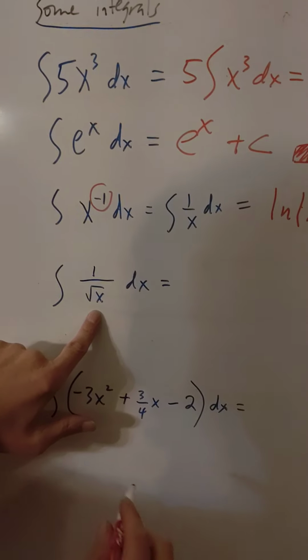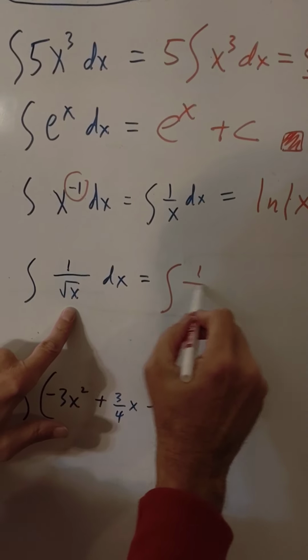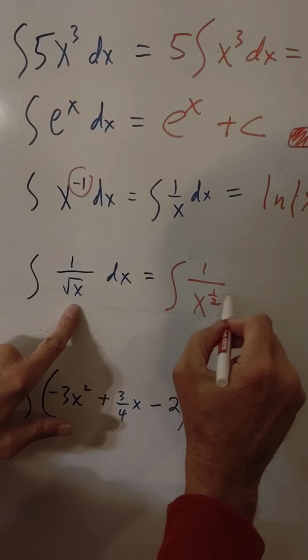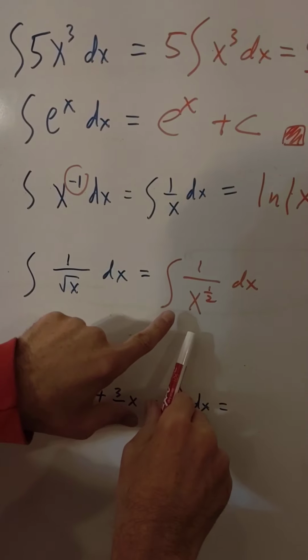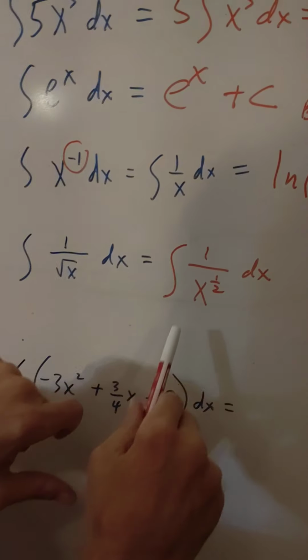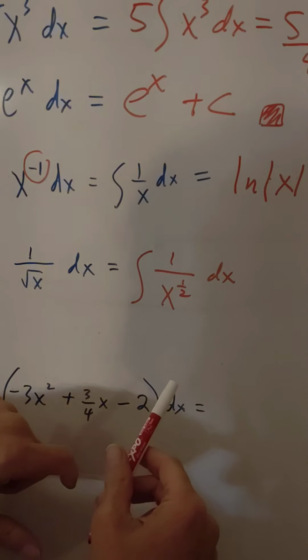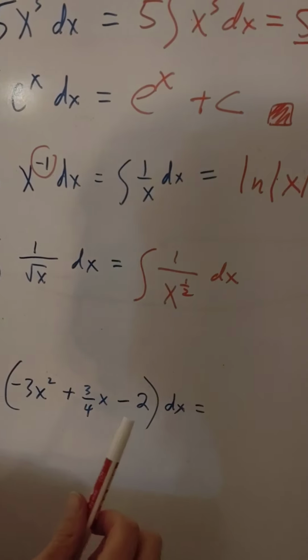Okay, for this problem, you never want radicals, so I'm going to rewrite it as the integral of 1 over x to the 1/2 dx. And here's something kind of important. We know with derivatives, we have quotient rules and we have product rules. But for integrals, we do not have quotient rules and product rules.